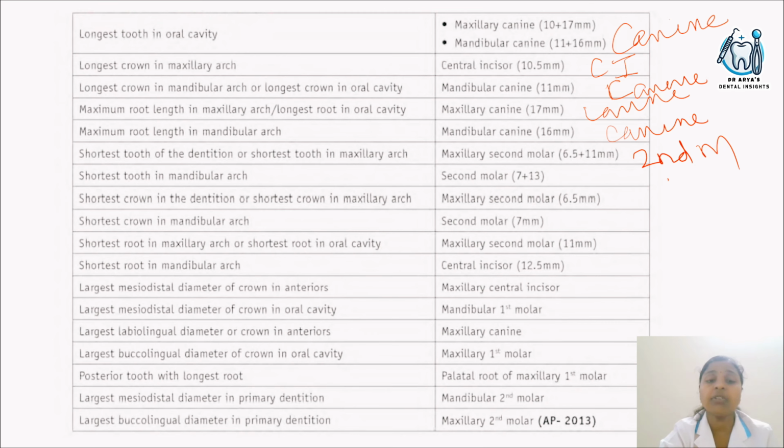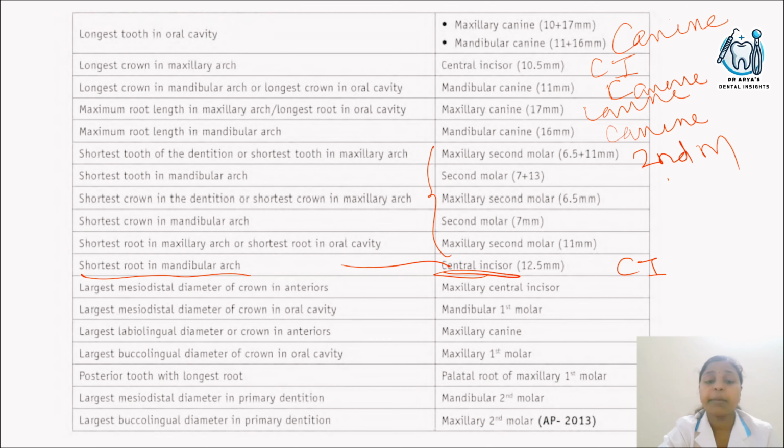Then the shortest crown in the dentition, or in the maxillary arch, is the maxillary second molar, and in the mandibular arch it is the second molar. The shortest root in the maxillary arch is the maxillary second molar, and the shortest root in the mandibular arch is the central incisor. Okay, all other answers are the second molar.